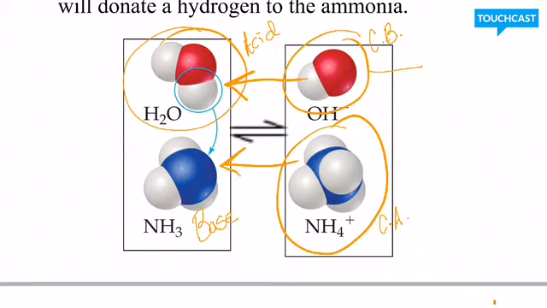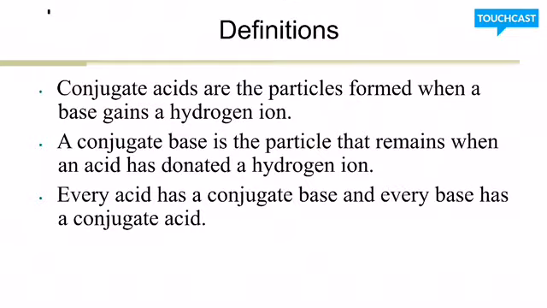So technically this is the conjugate base to water, to H2O, and this one right here is the conjugate acid to ammonia, NH3. So conjugate acids technically have one additional hydrogen, and conjugate bases have one less hydrogen. The only thing that I would add here is just to make sure that you know that every acid has a conjugate base, and every base has a conjugate acid.